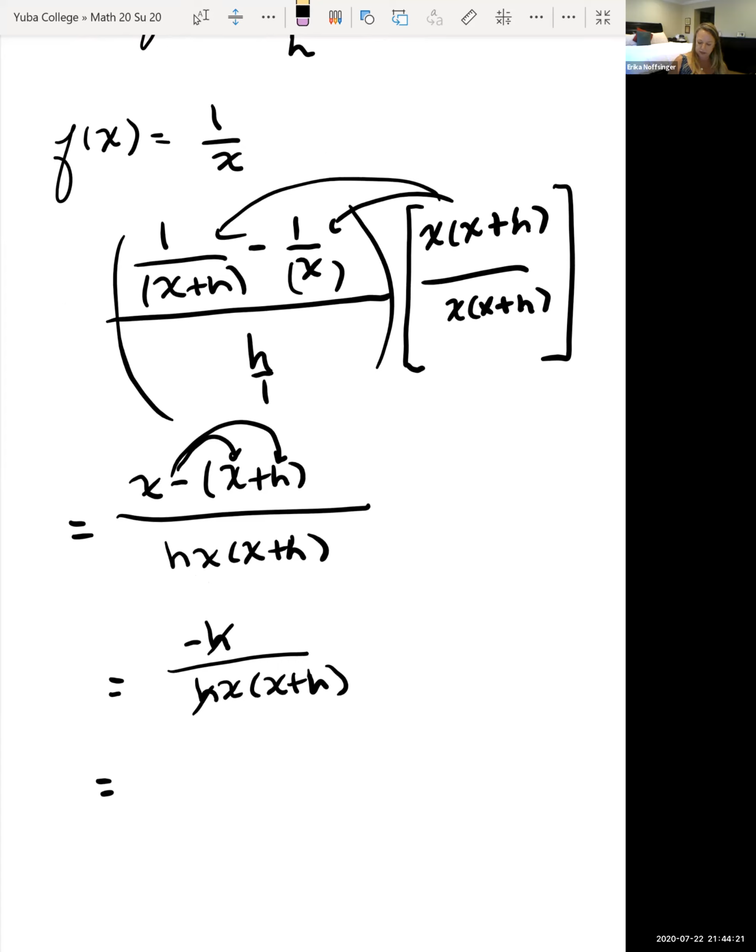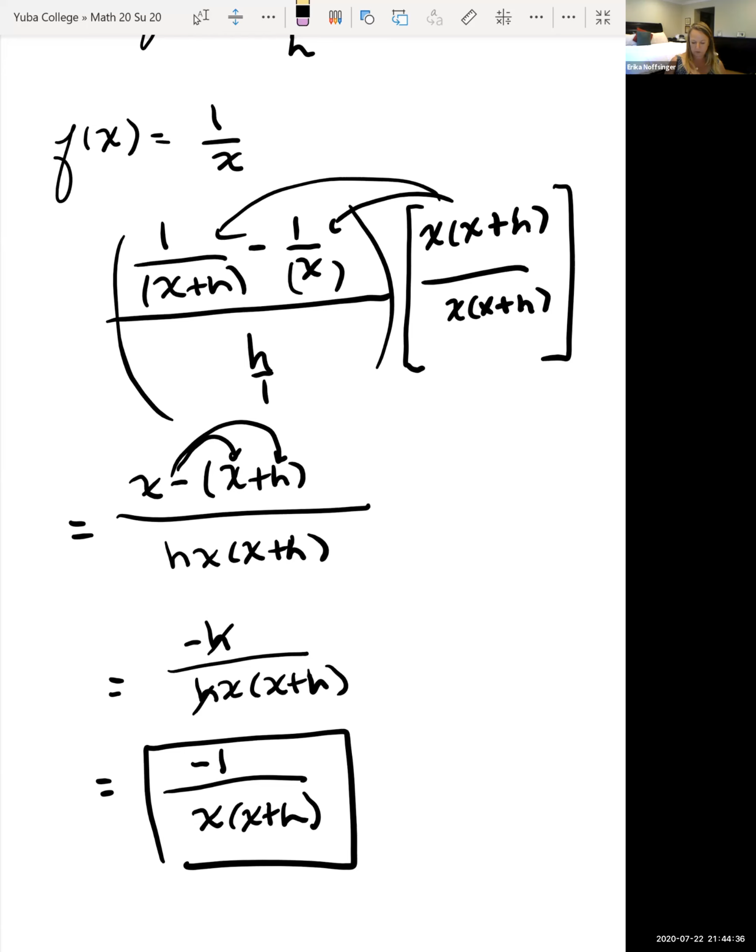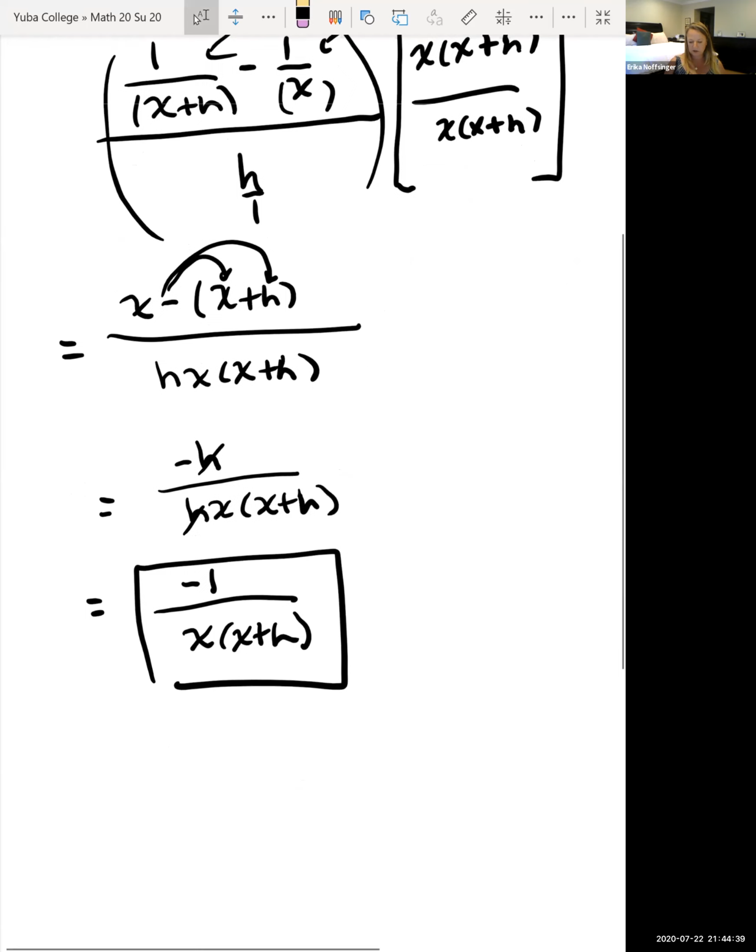We can do that because this is strictly multiplication down here. And so you're left with a -1 all over x times x plus h. So you should be able to do the difference quotient.